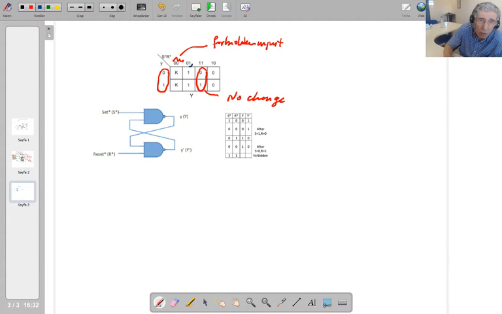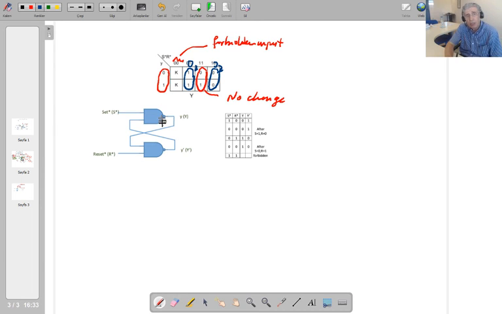So R star is 1 here, and output for this input is 1. When they are different, the R star value is going to be observed at the output. So that's 0 and that's 0.